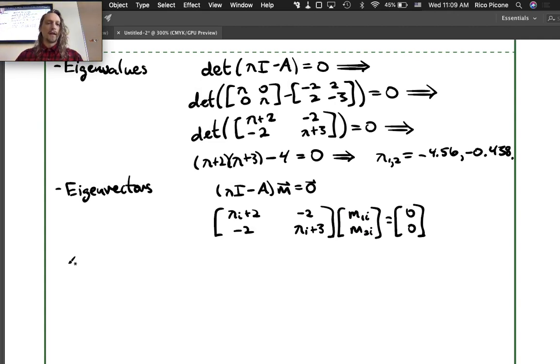So let's plug in lambda 1 equals negative 4.56.